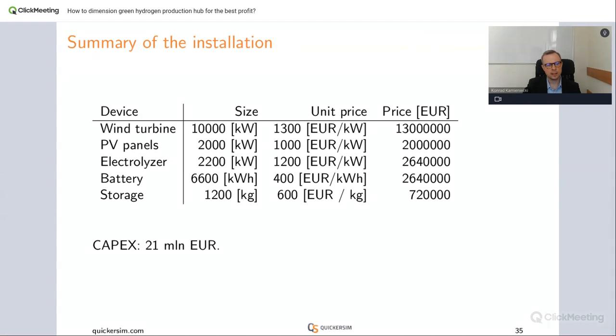And let's try to conclude a little bit our installation. We have wind turbine, PV panels, electrolyzer, battery storage. I know what the unit prices for those devices are.